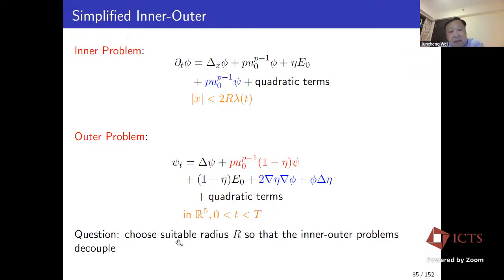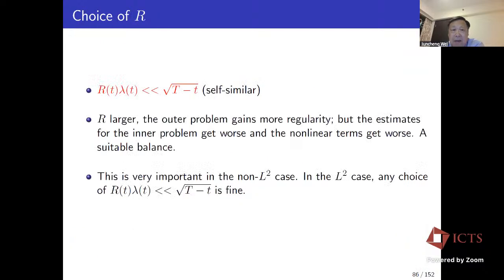So the question is to choose a suitable radius r so that the inner-outer problem decouples, so that one problem is better than the other one. Now, so what are the choices of r?